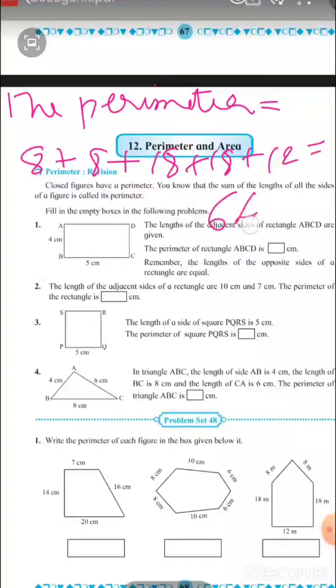So the answer is 64 meters, because in the question the units are given in meters. So we will write here 64 meters.